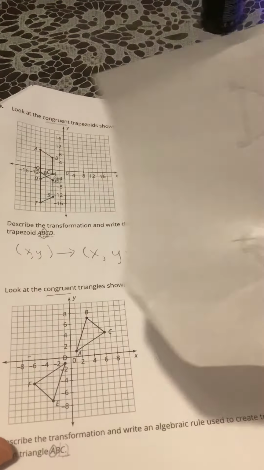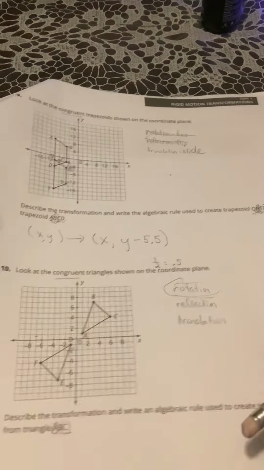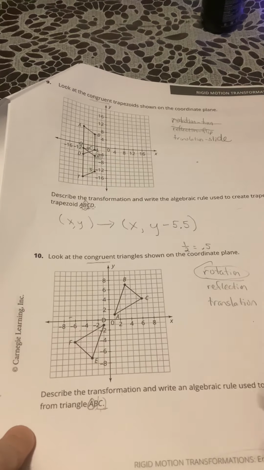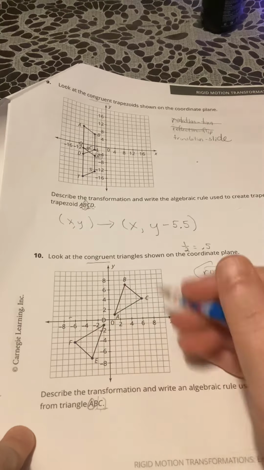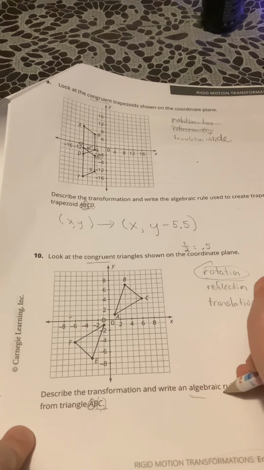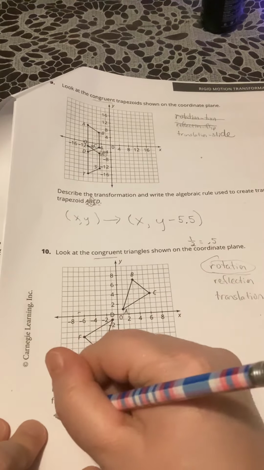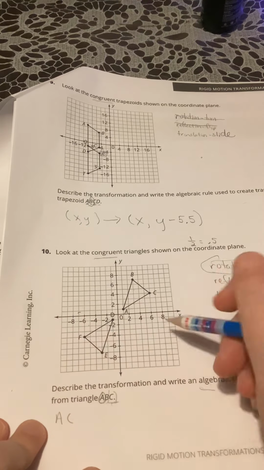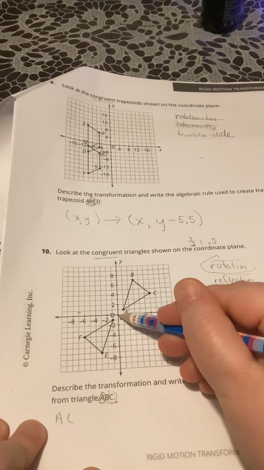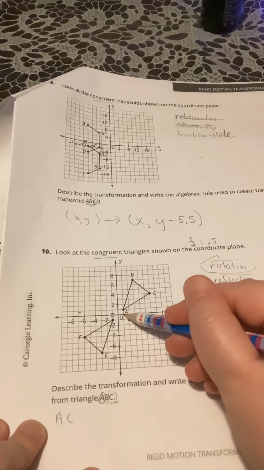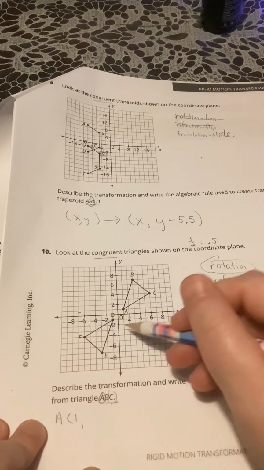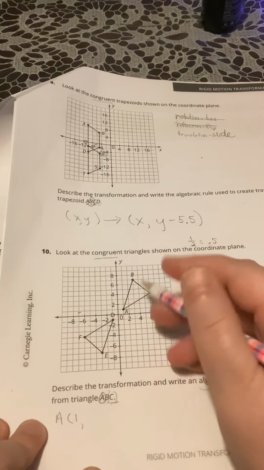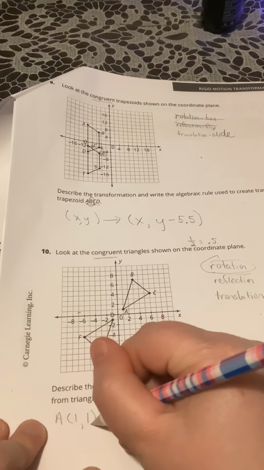Okay, now that I know that, now I can compare one of my points, and I've decided I'm going to compare A and D to figure out what my algebraic rule is. So let's start with A and figure out what it is. So I start at my origin, which is 0, 0. I have to go 1 to the right to get to A, so that's a positive 1. And then I have to go 1 up to get to the A. That's another positive 1.